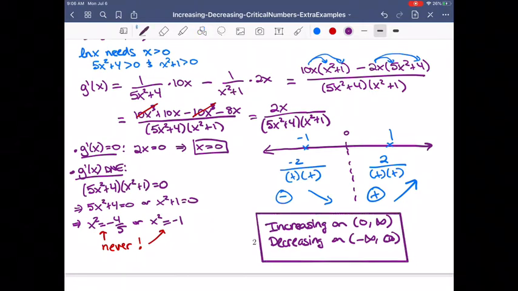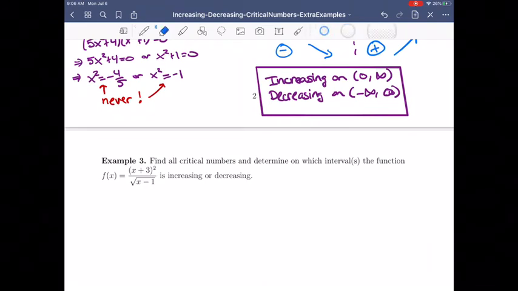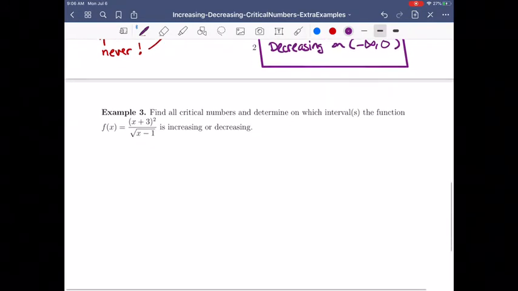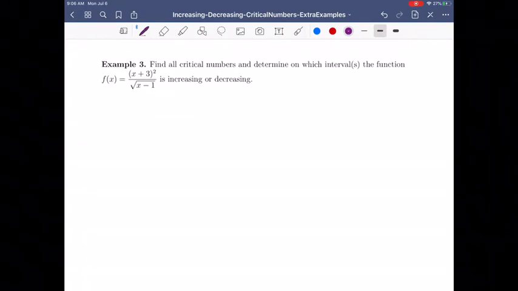Okay, one more. I just want to fix that 0, I think. Okay, so one more. So here we want the critical numbers and where it's increasing or decreasing. So here, we want to think of the domain first.